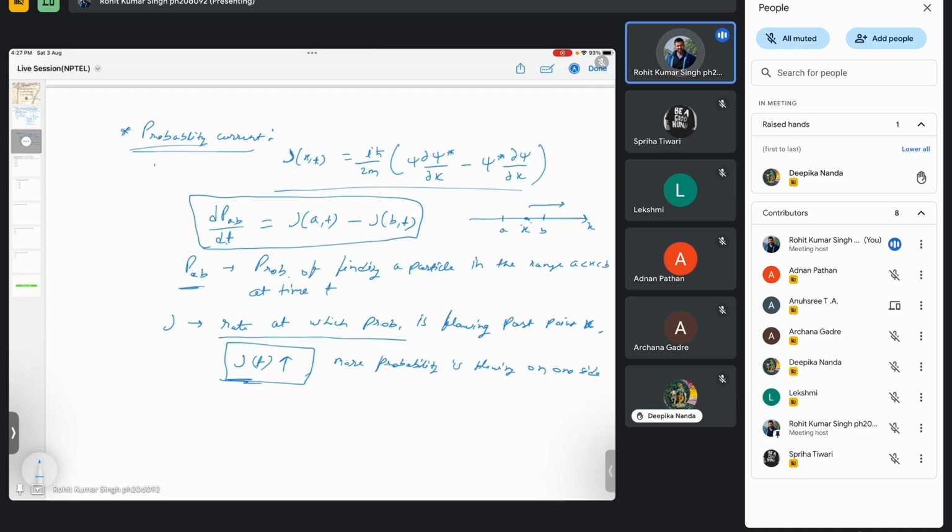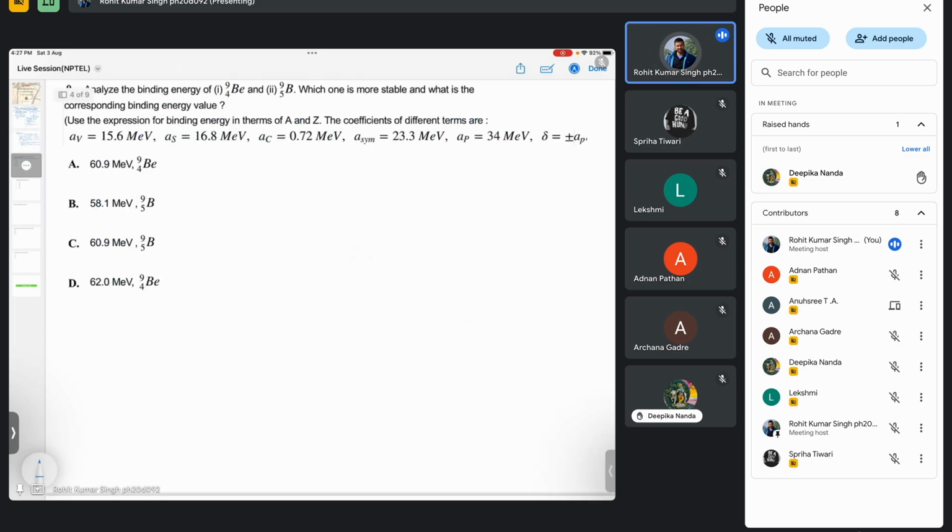But before going to the shell model, I wanted to solve a simple problem based on the binding energy formula that I wrote. Should I solve it, or is it trivial for you at this point?